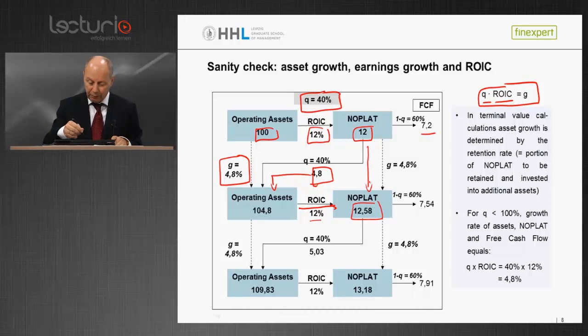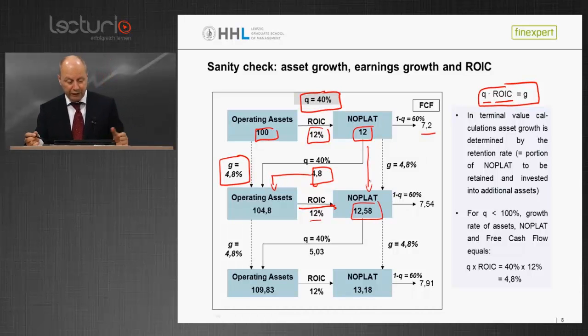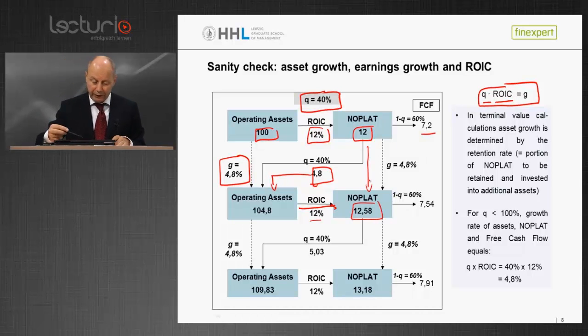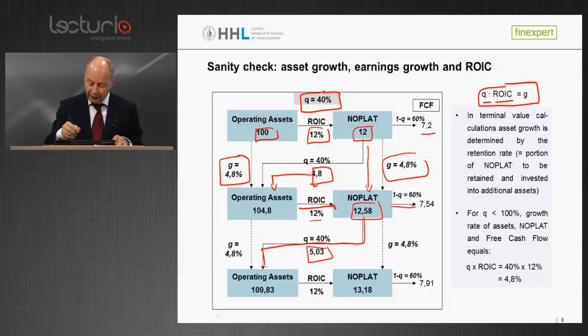And now, if we compare our NOPLAT of 12.58 with the NOPLAT in the first period of 12, you can easily verify that the growth rate of our NOPLAT is like the growth rate of our operating assets, also 4.8%. And then again, we set aside 40% of this 12.58 to buy new assets, which is 5.03, and we pay out 60%, which is 7.54, and that again yields another 4.8% growth of our assets.